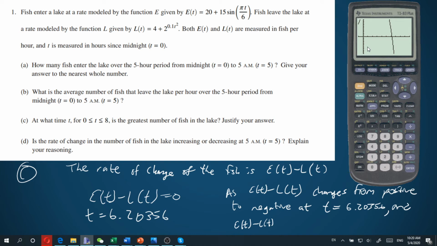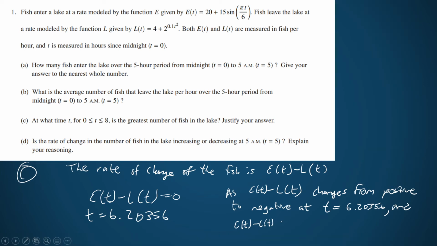Okay, so I'm going to write that out. ET minus LT is... I'll work from left to right. It is greater than 0 on the interval from 0... I'll just say before. I should have named this point, that way I wouldn't have to keep writing all that decimal, but ET minus LT is positive from t equals 0 to t equals 6.2.